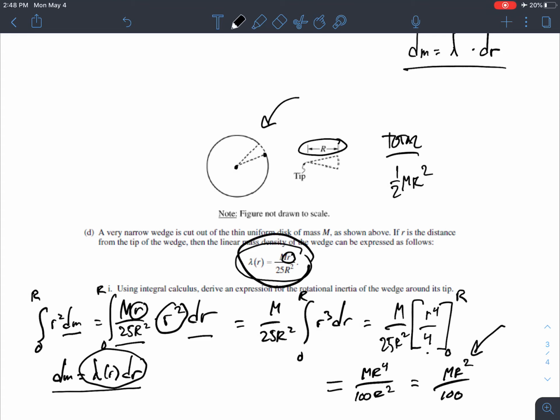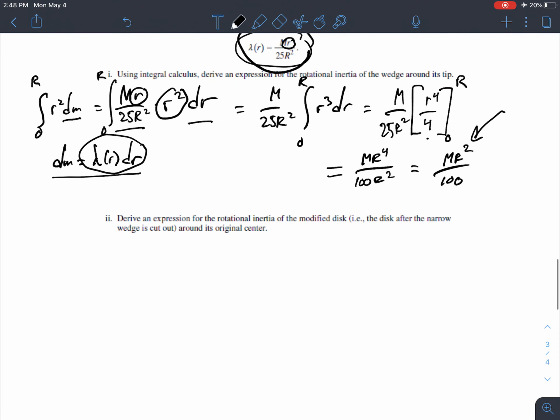So this is like 1/50th of that. If you imagine a pizza cut up into 50 slices, we're talking about one of those little slices here. So that kind of makes sense. It's a little wedge of that.